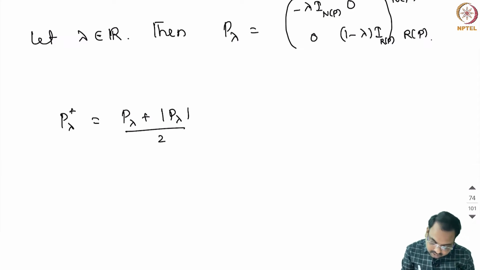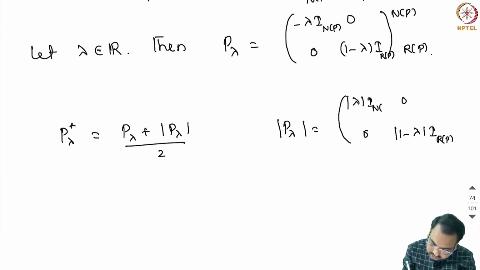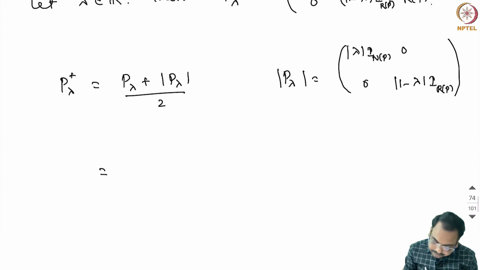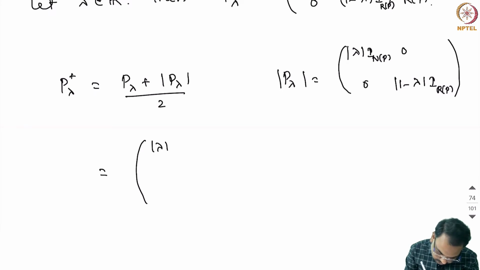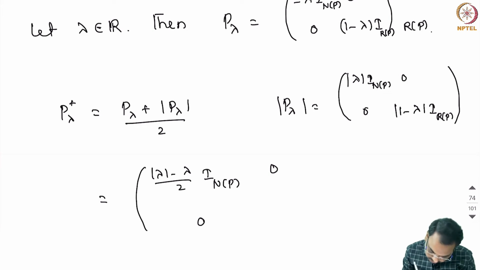So mod P lambda is mod lambda 0 0 mod 1 minus lambda, identity on the null space of P and identity on the range of P. Hence this is mod lambda minus lambda by 2 identity on the null space of P, 0 0, and 1 minus lambda plus mod 1 minus lambda by 2 identity on the range of P.